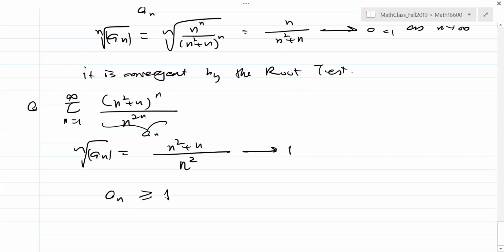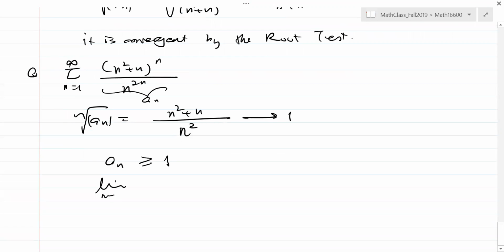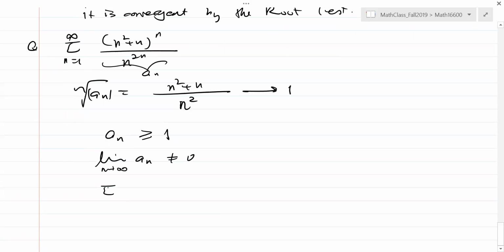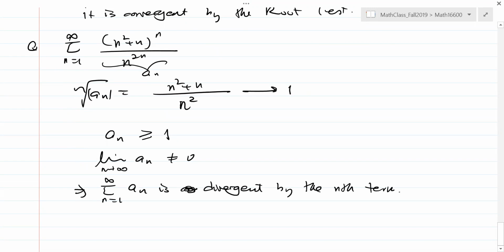Right? So the limit, I don't need to know what the limit is, but the limit definitely is not going to be 0. Therefore, this series is divergent by the nth term test for divergence.